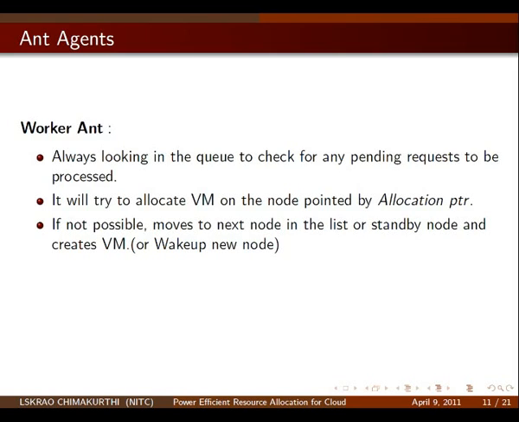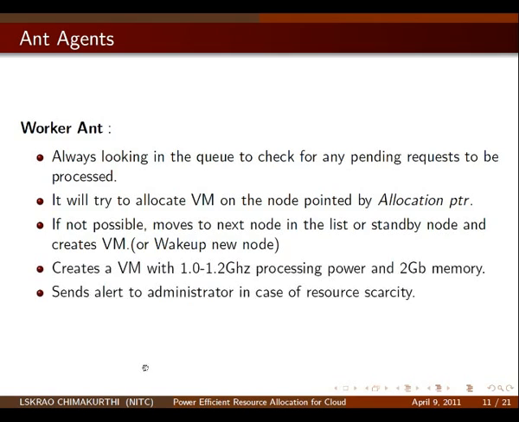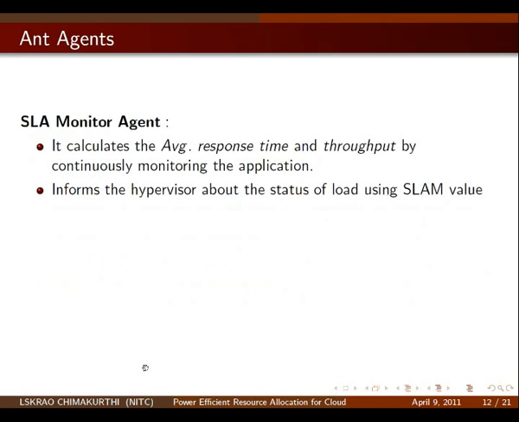If it is not possible, it moves to the next node that is pointed to by the allocation pointer and tries to allocate. If there are no nodes available, then it will send an alert to the administrator that the resources are very few. It creates a VM with a specific processing power and memory.